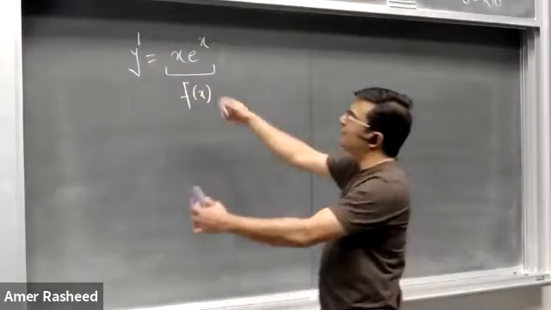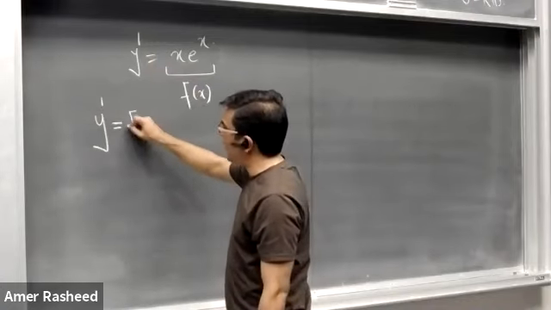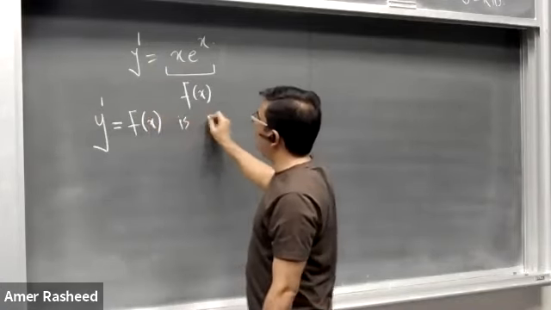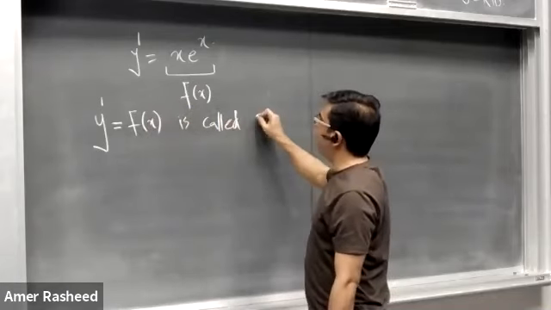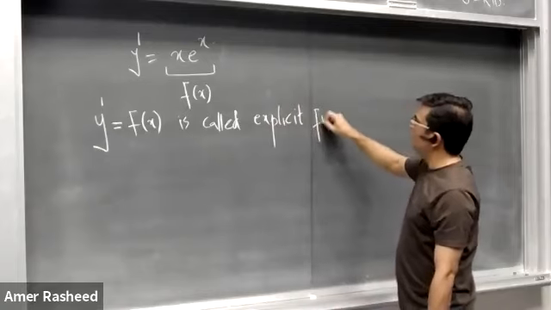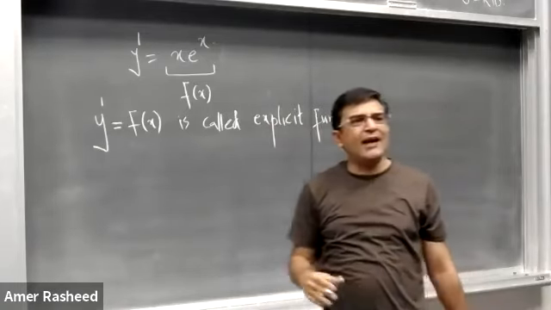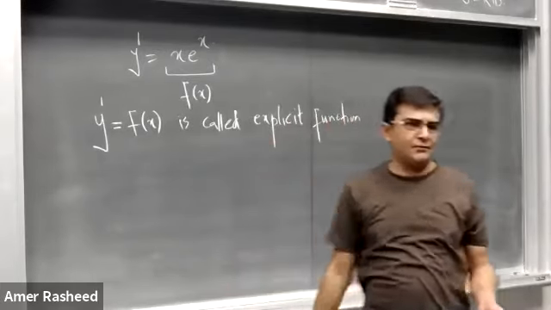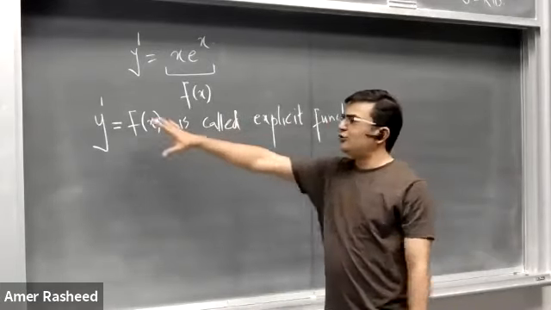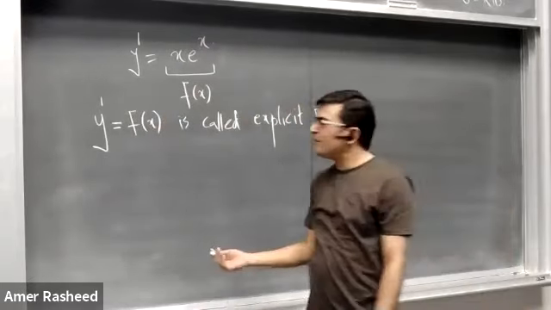This kind of function, which can be written as y power 1 is equal to f of x, is called an explicit function, in which y can be expressed explicitly as a function of x. If the solution is an explicit function, then we call it an explicit solution.